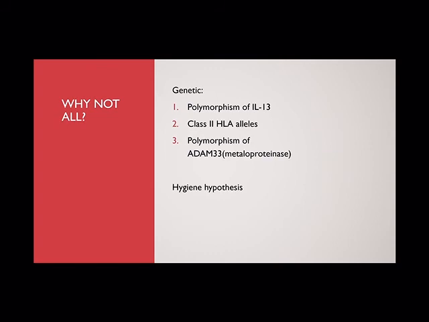One is genetic. Certain people are more prone to getting asthma, those who have a polymorphism of interleukin 13, class 2 HLA alleles and polymorphism of ADAM33. People who have these genetic factors are more prone to asthma.